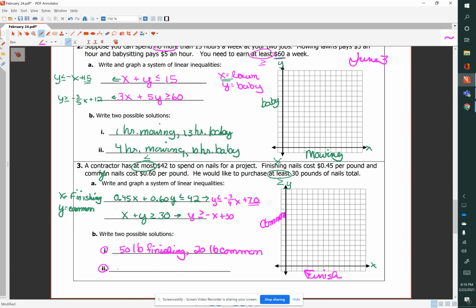We could have 10 pounds of finishing nails combined with 60 pounds of common nails. And there are many other combinations that would be correct. So let's go on to the next problem.